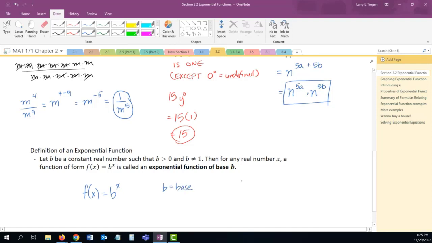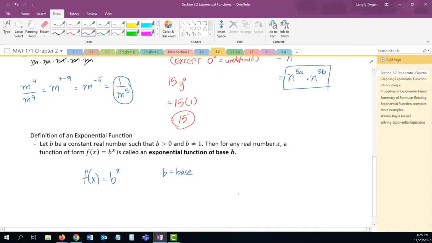Anytime there's a base that appears in this chapter, it's always represented by the letter b. Sometimes, in the textbook, you will see it represented by a. Don't let that throw you. Sometimes they're written as a to the x, sometimes they're written as b to the x. Your old notes actually have a's on the next page, but I've changed them all to b's in here. All right, so there are two rules.